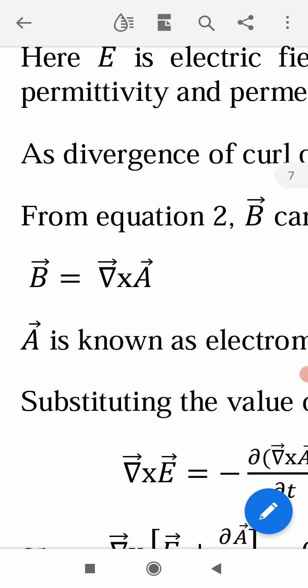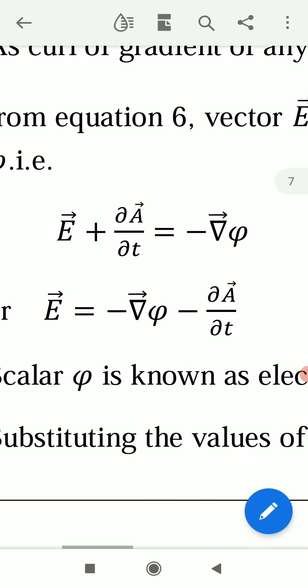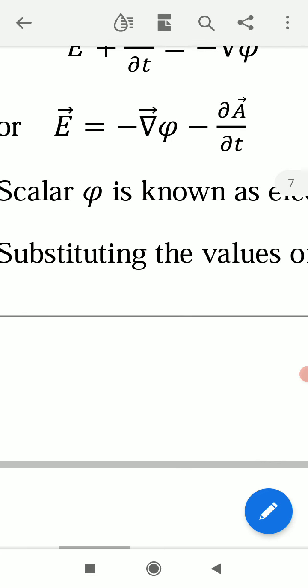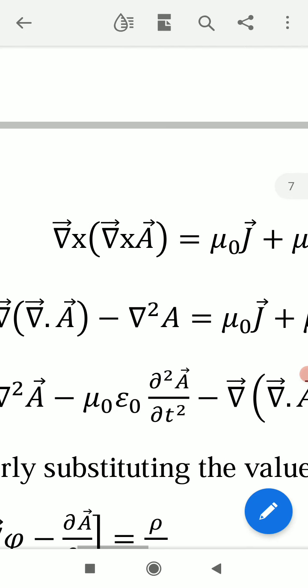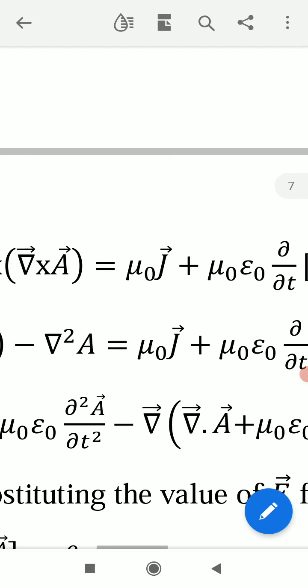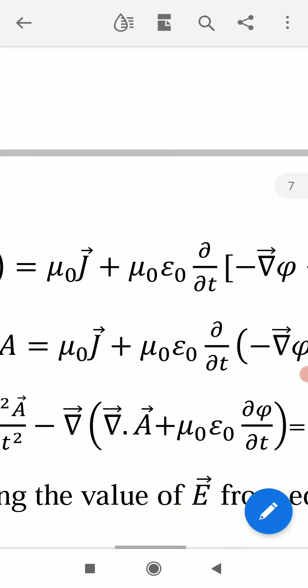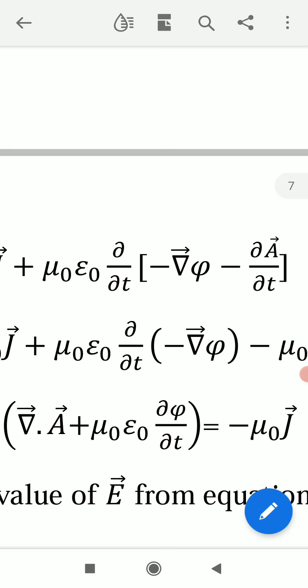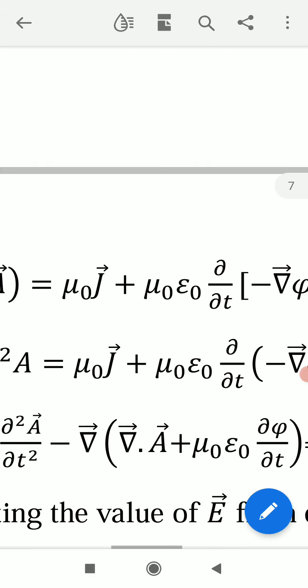B vector equal to del cross A and E vector equal to minus del phi minus delta A upon delta T. Then we have del cross del cross A equal to mu 0 J plus mu 0 epsilon 0 delta upon delta T of (minus del phi minus delta A upon delta T).